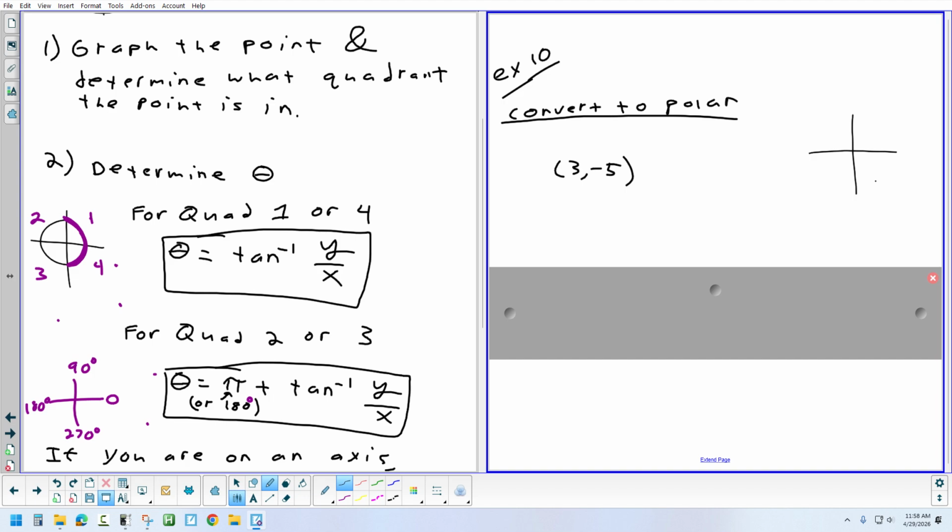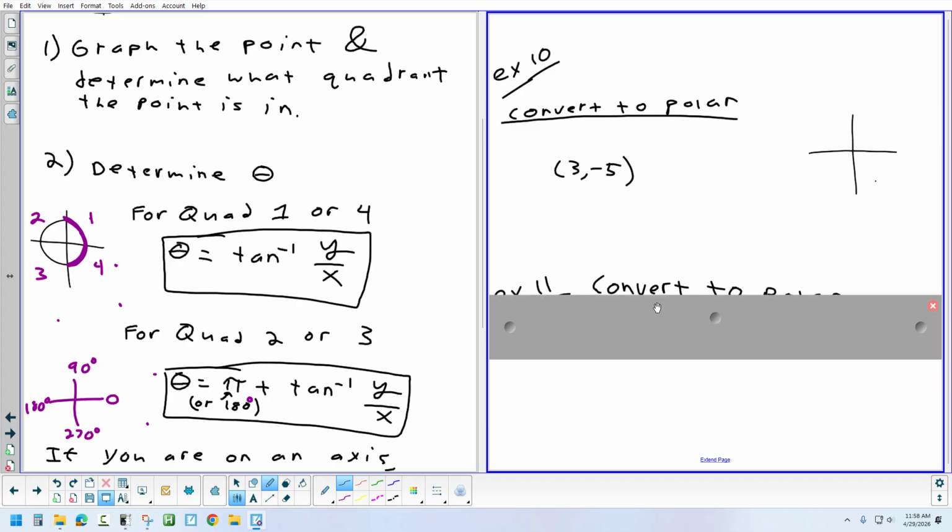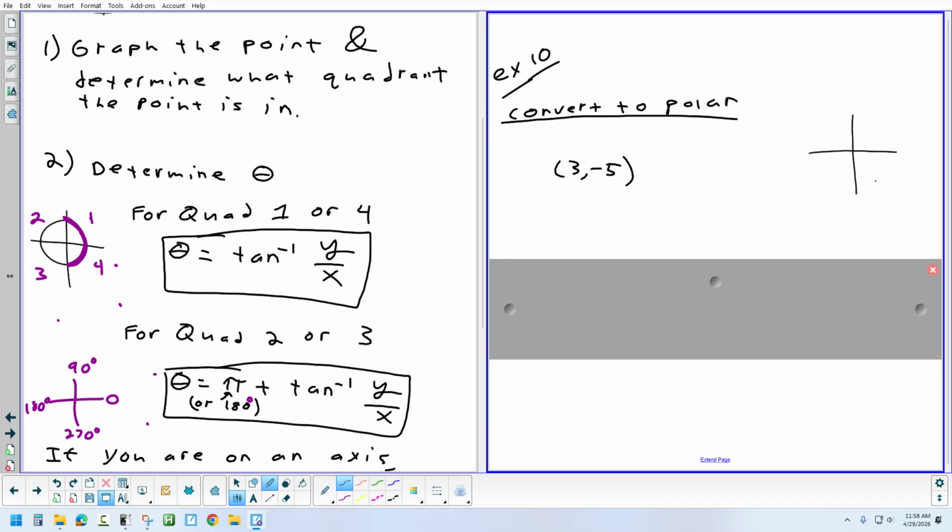Right 3, down 5. What's the formula to find your angle if you are in quadrant 4? Theta equals the inverse tangent of y over x.